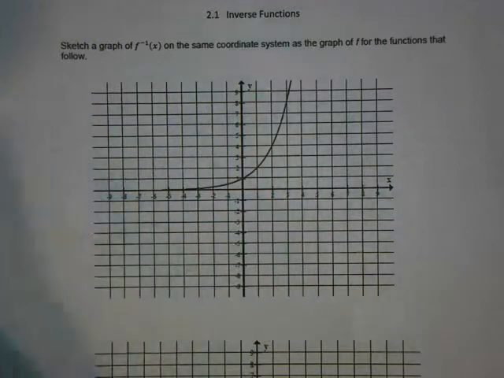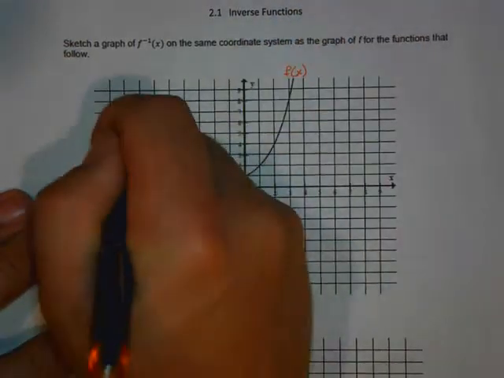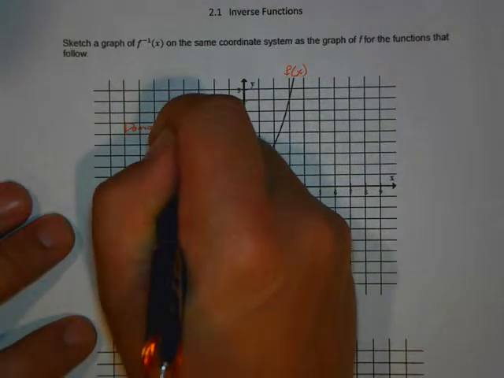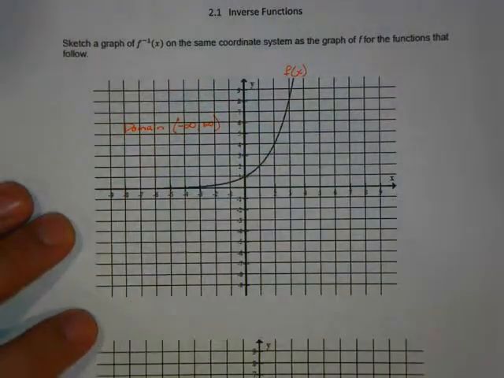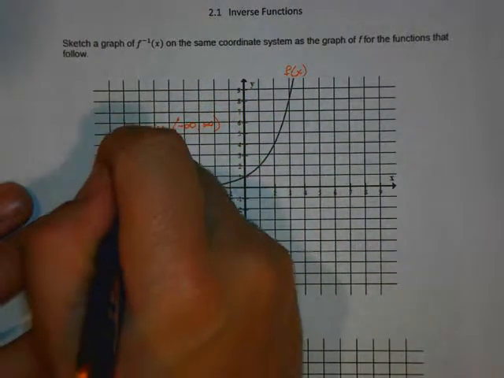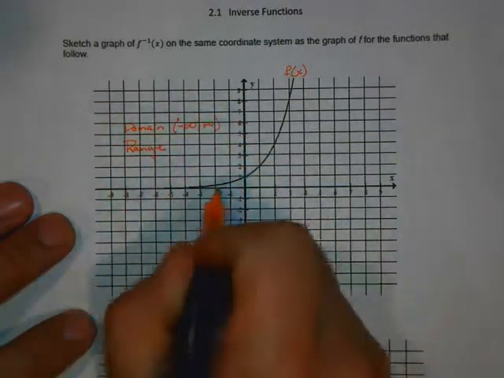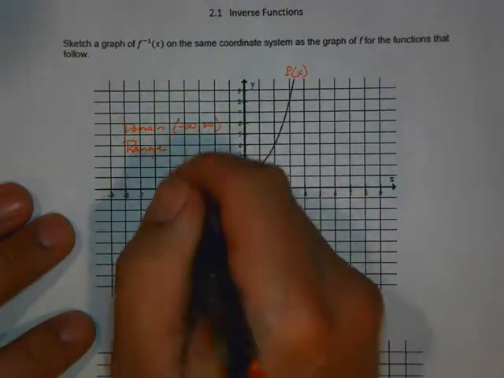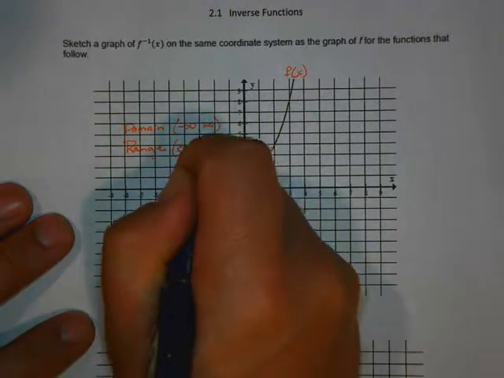So if I'm calling this my f of x, then my domain is going to be all real numbers, negative infinity to infinity. My range for f is going to get closer and closer to 0, but never getting there, and up. So it's going to be open parenthesis, 0 to infinity.